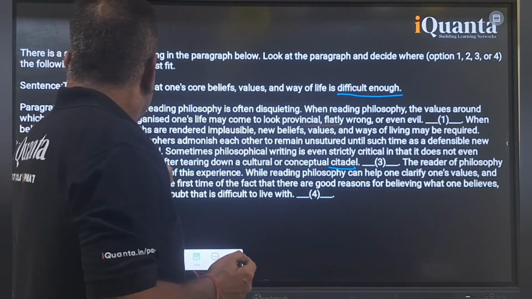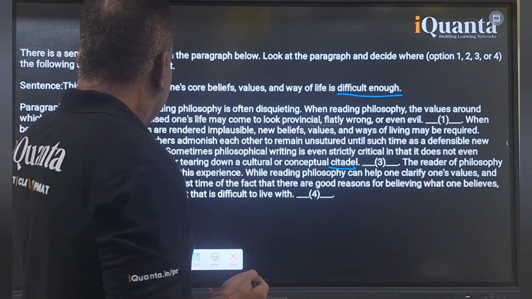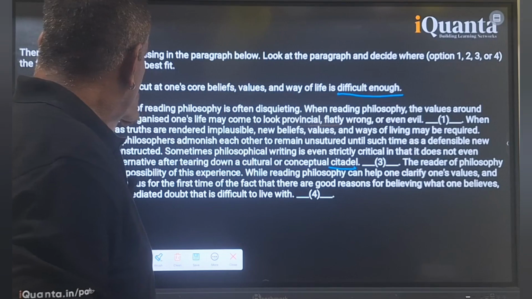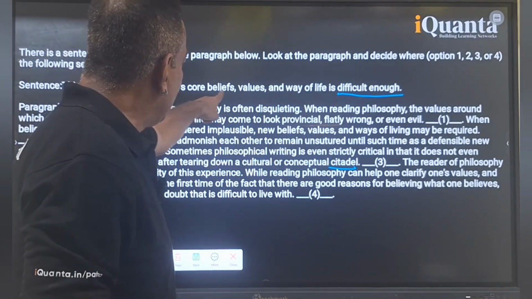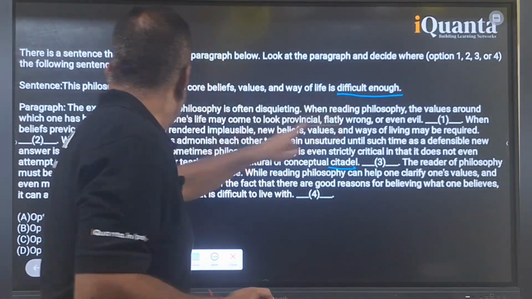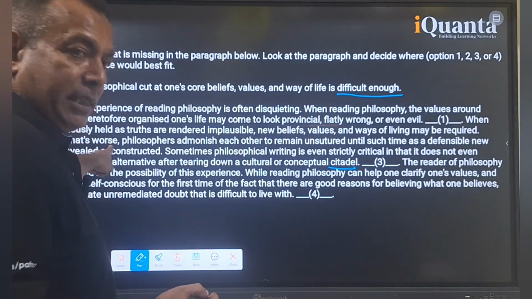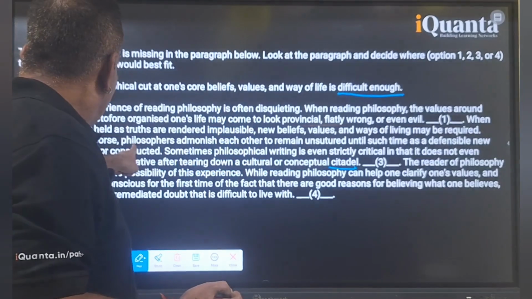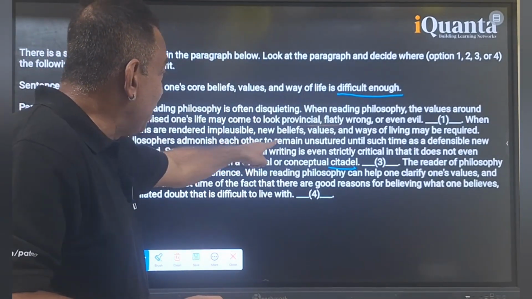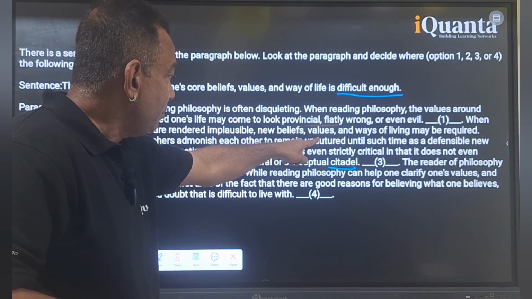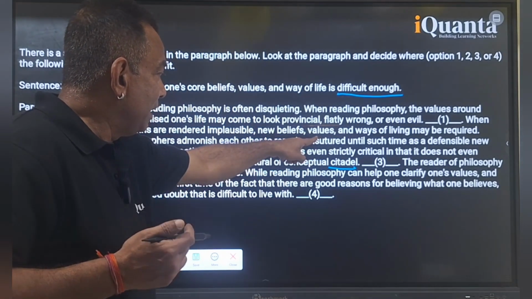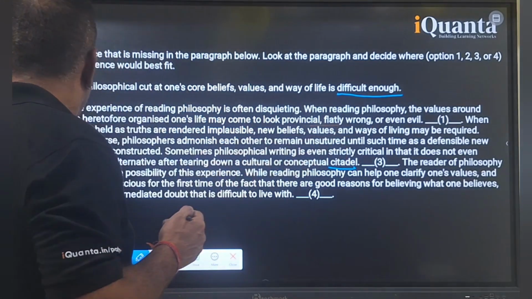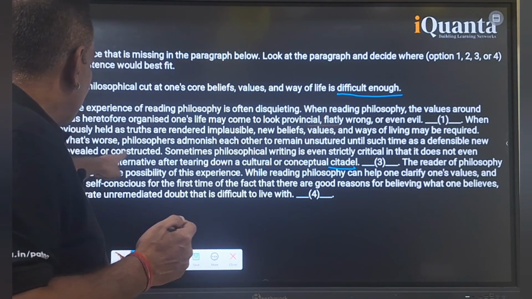So here in the passage, you see a philosophical cut at one's core beliefs, values, and way of life is difficult enough. What's worse? So it's also adding to it and saying, philosophers admonish each other to remain unsutured, unattached, that is, until such time as a defensible new answer is revealed or constructed.